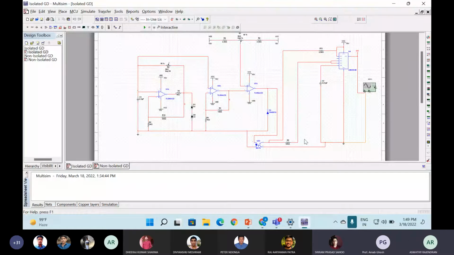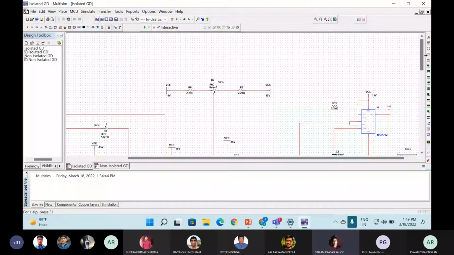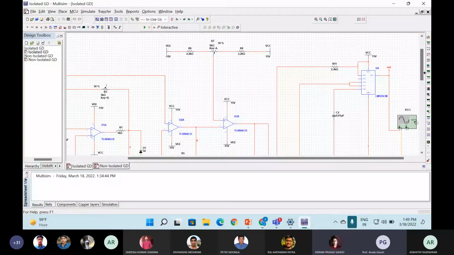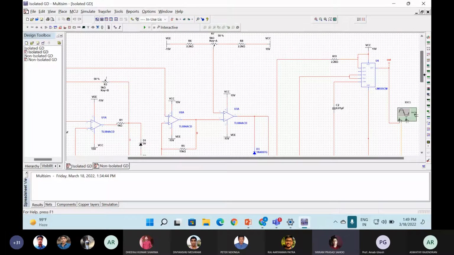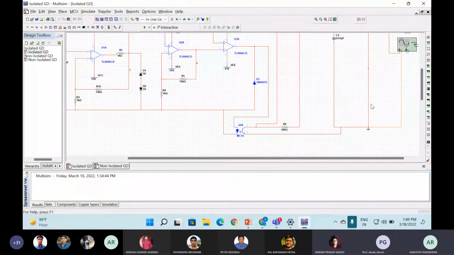Sir, is it visible? Make it zoom. More zoom, sir.